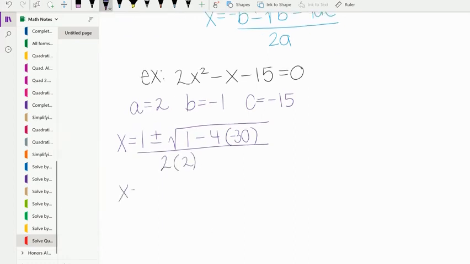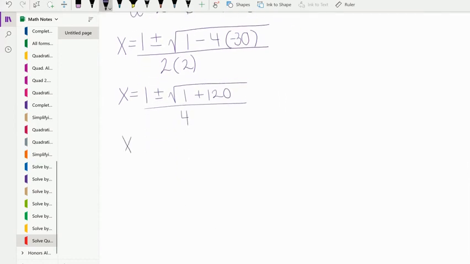So we then get x equals 1 plus or minus the square root of 1. Negative 4 times negative 30 is positive 120. And this is all divided by 4. We continue to go, and we get x equals 1 plus or minus the square root of 121 divided by 4.